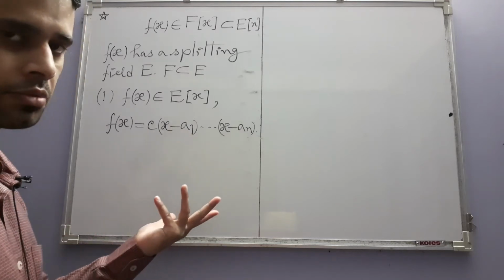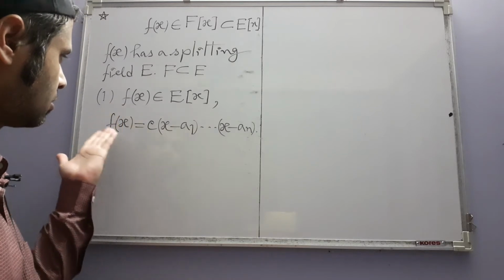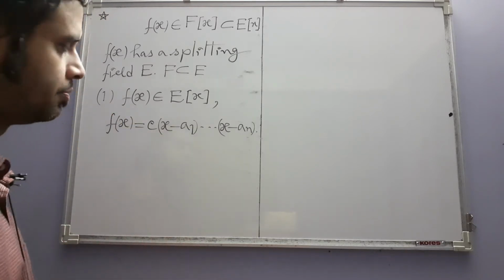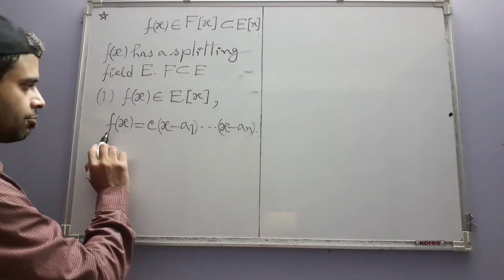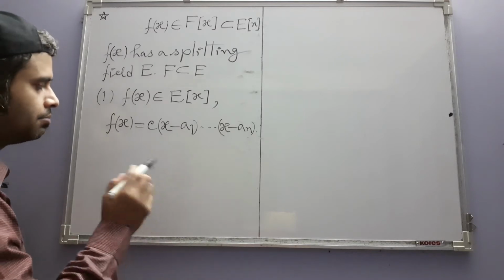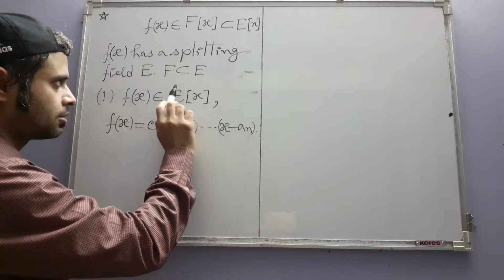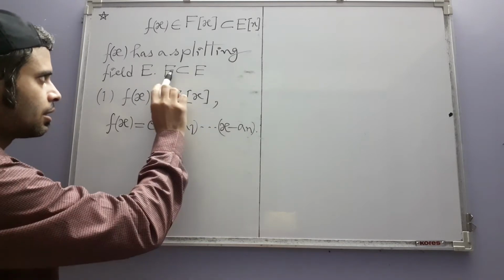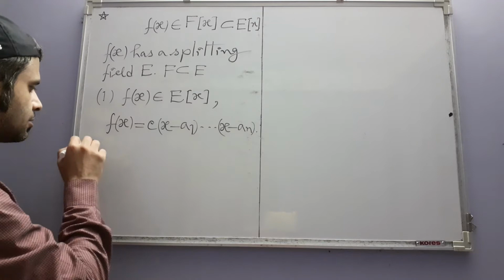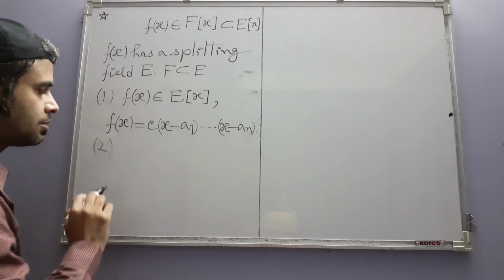This c of course will be there to adjust the leading coefficient of our original polynomial f(x), which may not be 1. But factoring f(x) in E[x] in this form simply means that this c and these a_i's are coming from this extension E and not necessarily coming from this original field F. So that is the first condition, and the second condition is that E is minimal.